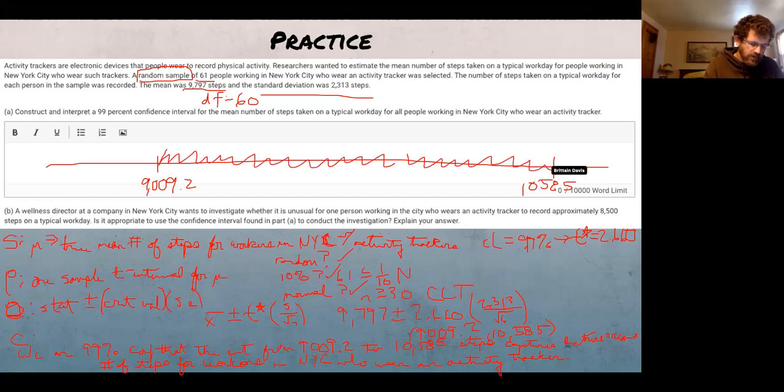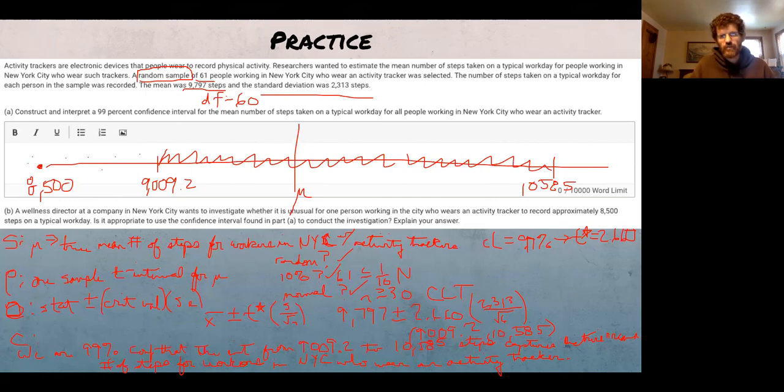I'm saying somewhere in here, my true population mean lives. Now, this says nothing about individual behavior because you will definitely have individuals in New York City who are outside of this range. You will have someone in New York City who is living right here at that 8,500 level on their steps. So individuals can be outside of this range, no problem.